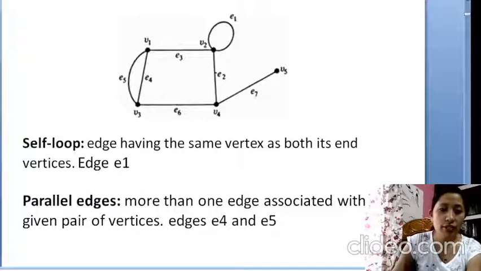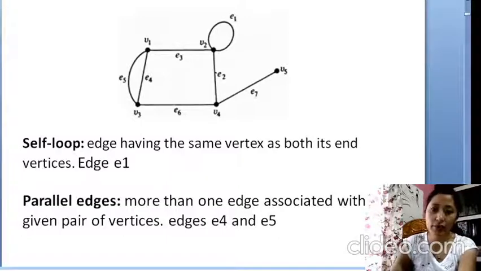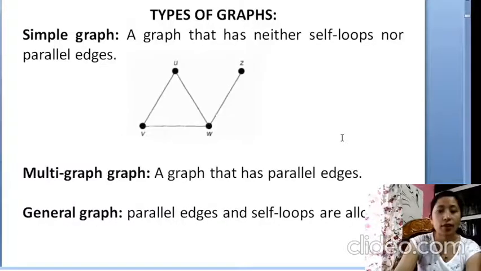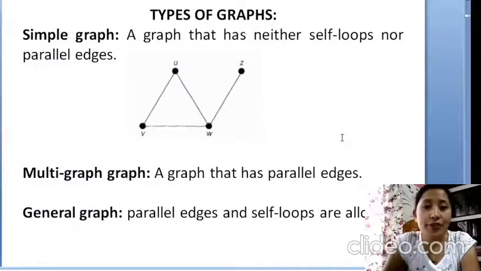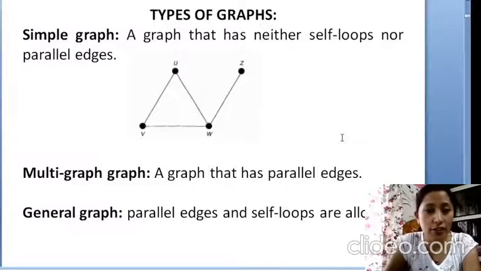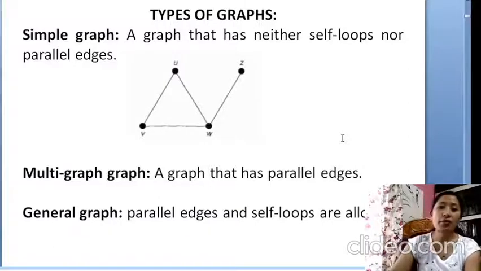You can see here that these two edges E5 and E4 are parallel edges because they have the same starting vertex as well as the same end vertex. So these are some of the types of graph. If we say simple graph, it means a graph which has neither a self-loop nor a parallel edge.